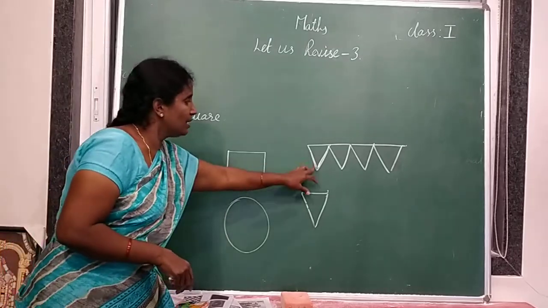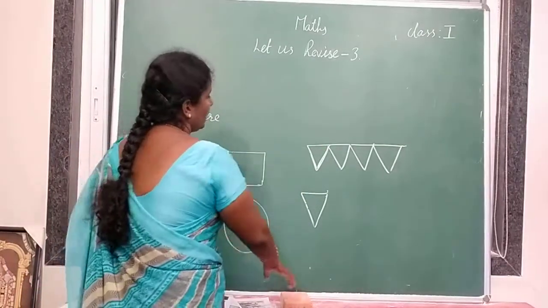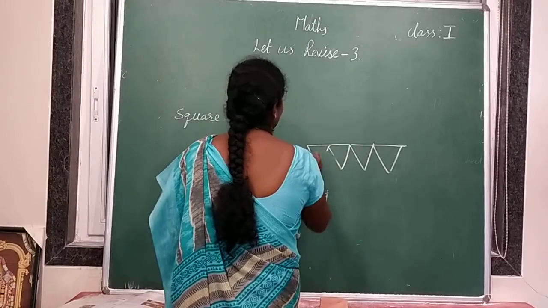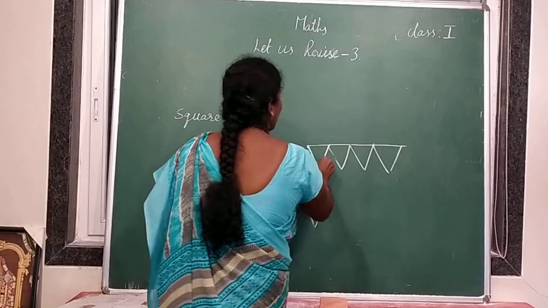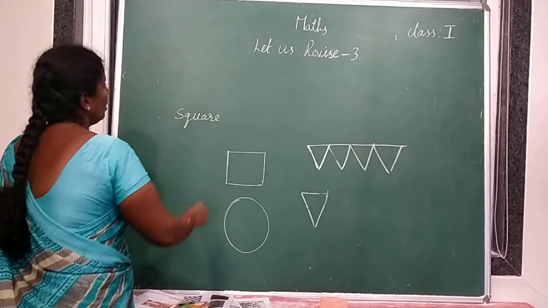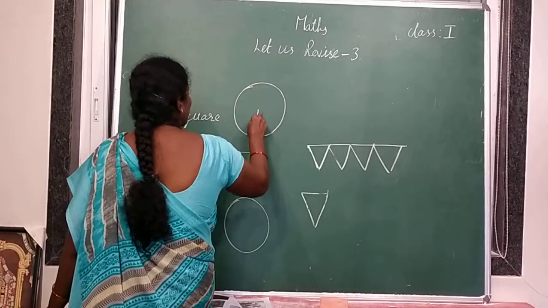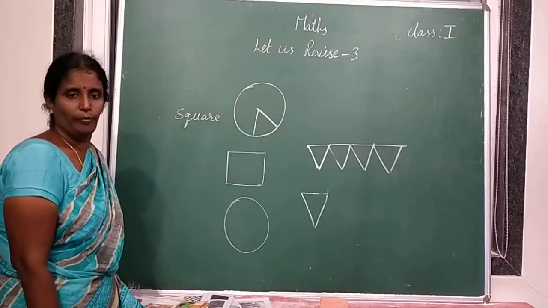See here, this is like a flag now. It's not like a flag. Okay. Sorry. This is like a triangle shape. Triangular shape. So for example, pizza. If you take a piece of pizza, it looks like a triangle shape.